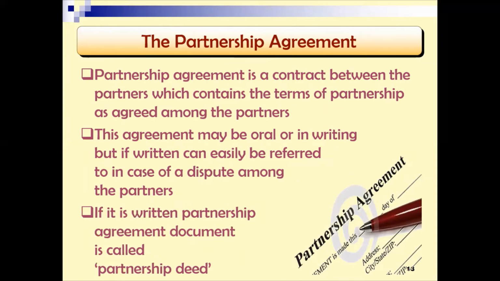A partnership deed is a written document which shows the terms and conditions upon which a partnership business is operated. Therefore, a written partnership agreement document is called a partnership deed.